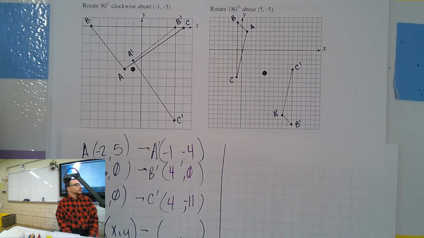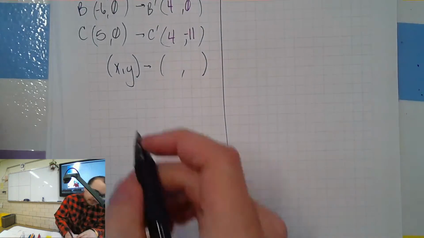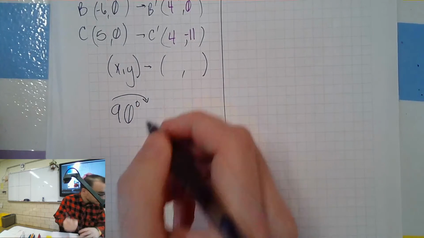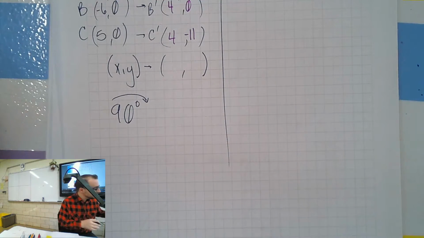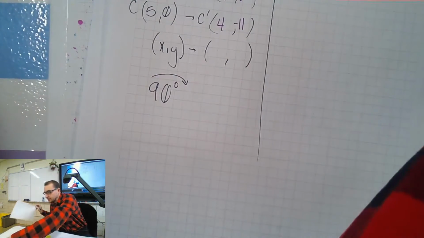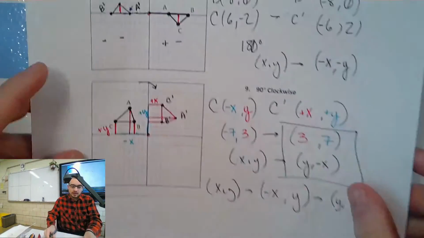What kind of rotation are we doing here? 90 degrees clockwise, right? From before, when we did 90 degrees clockwise for our homework, which is somewhere down here in the ether. 90 degrees clockwise.